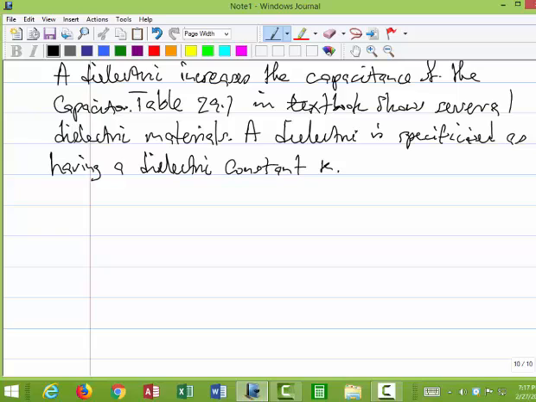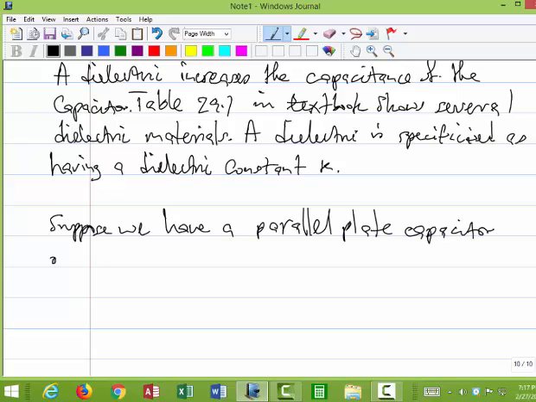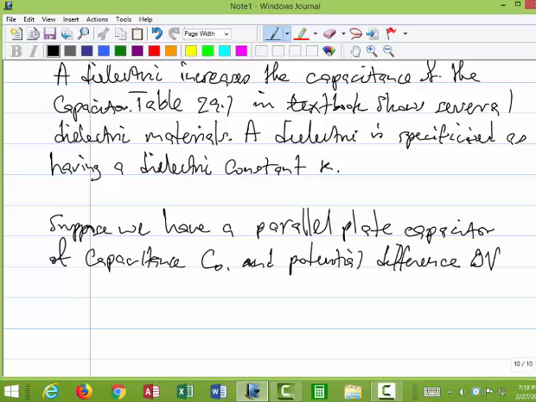So suppose we have a parallel plate capacitor of capacitance C naught, charged with potential difference delta V naught. It has a capacitance C naught, and the total charge is Q naught.